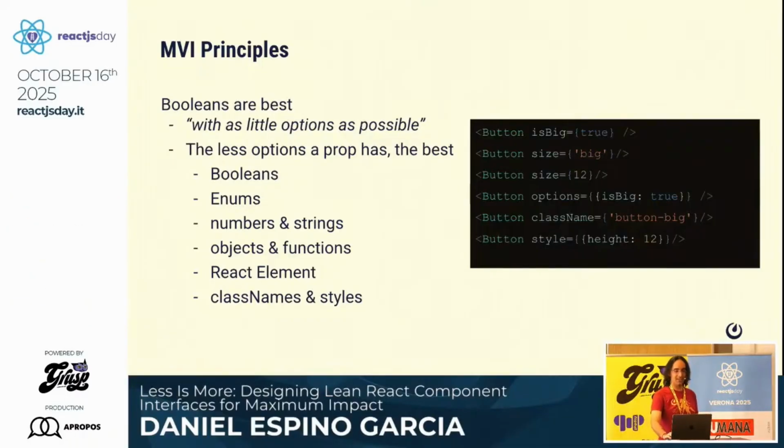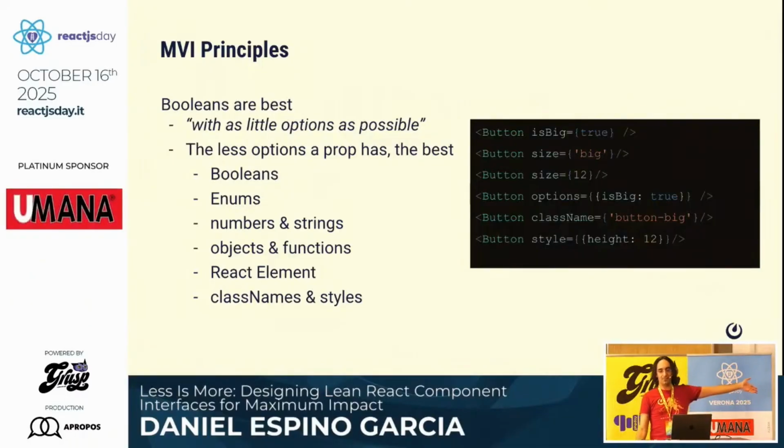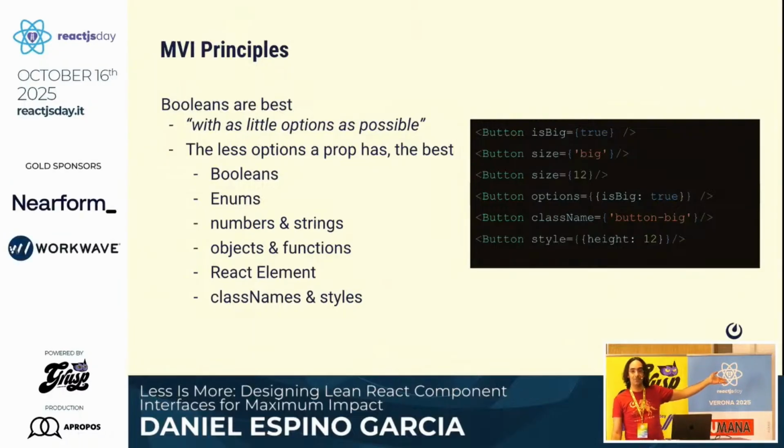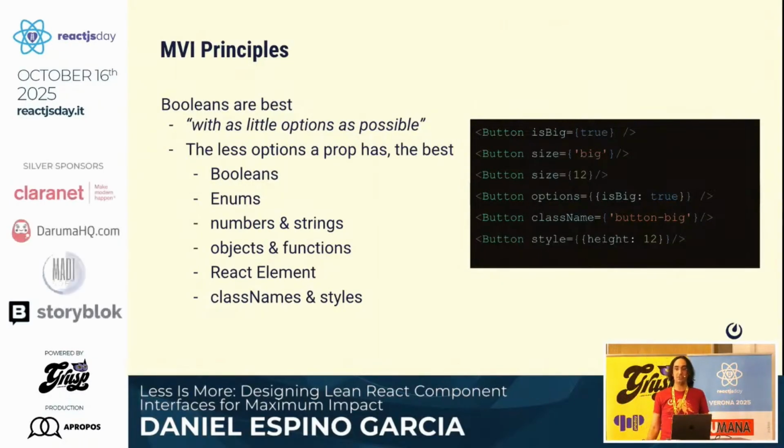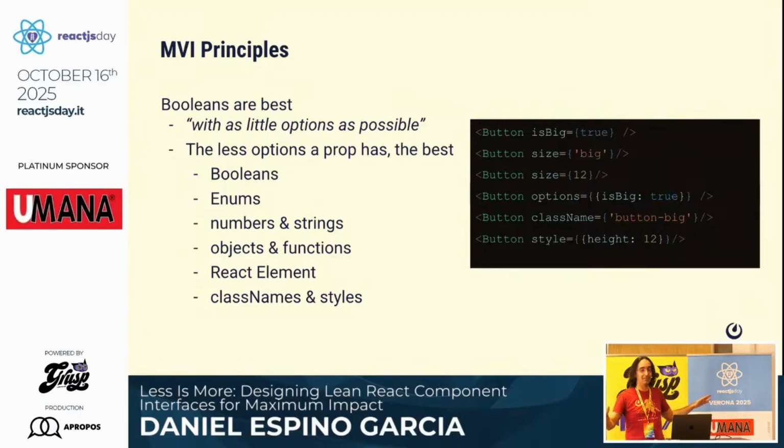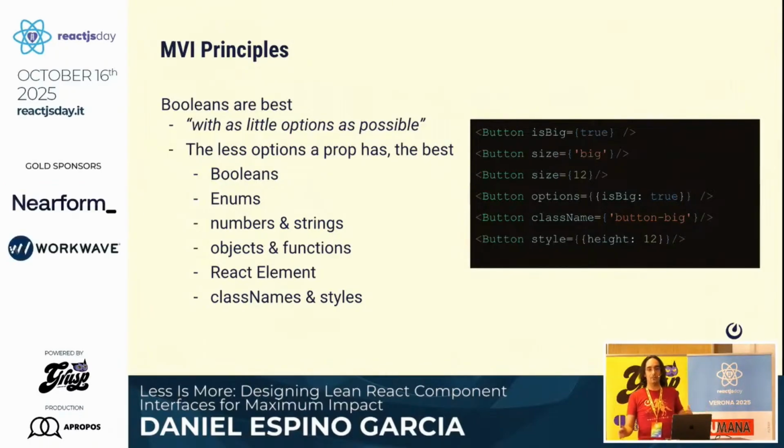But well, here's an example of how things can go from really simple to really annoying. For example, a button, you could say, okay, the button could be either big or not big. And it's really simple. You don't have to care about anything else. Or you can say, okay, I want more options because big or not big is not enough for me.